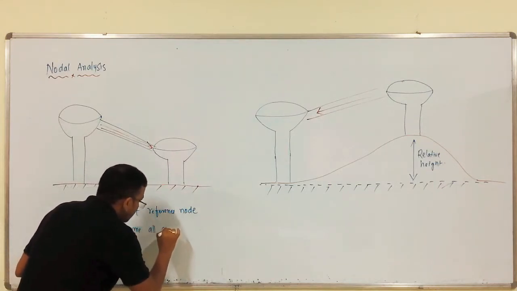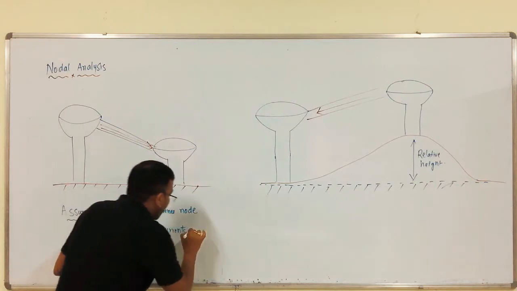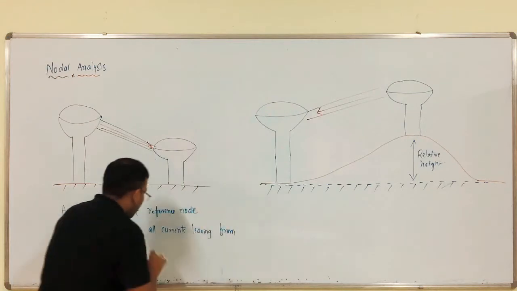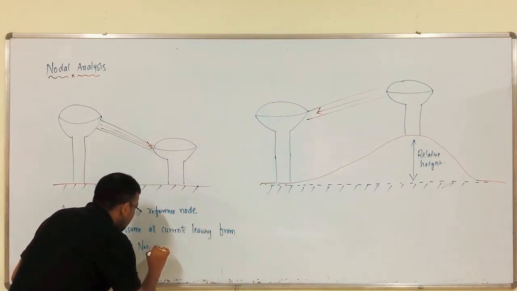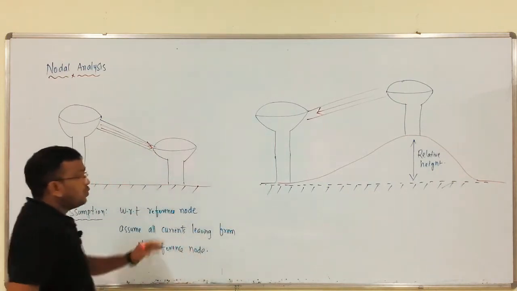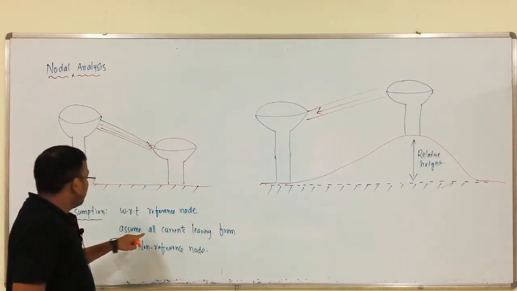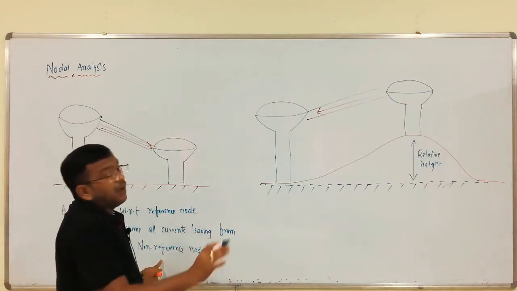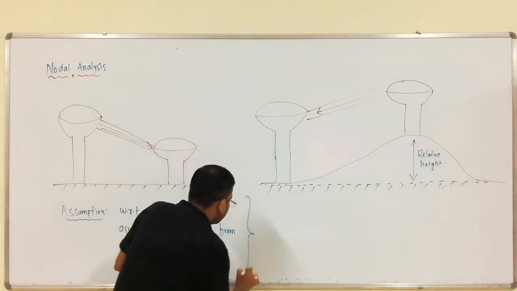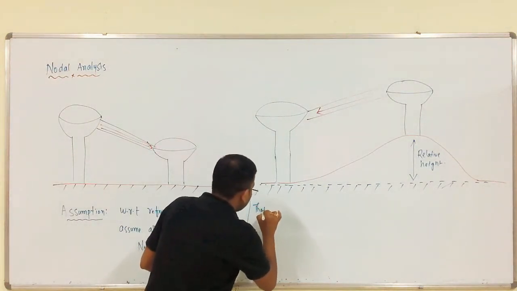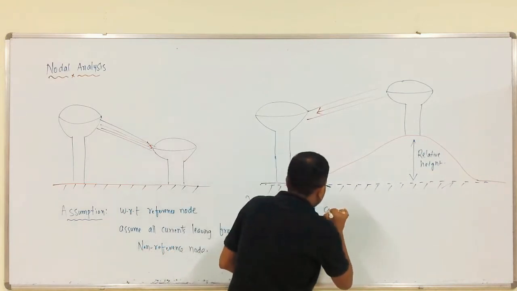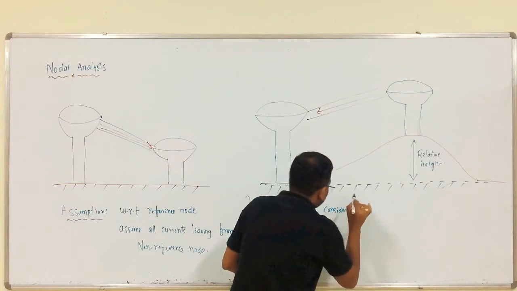assume all currents leaving from the non-reference node. So, with respect to node voltage, assume all currents leaving from the non-reference node. What is the meaning of this? That is, we should consider unknown.